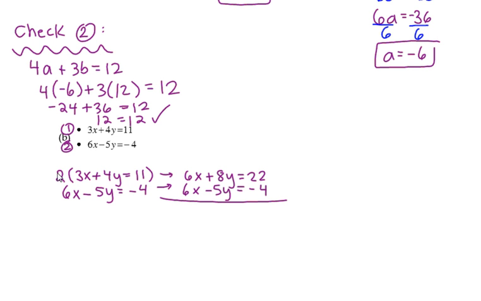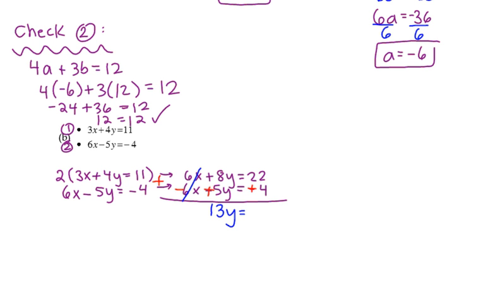Now in order to eliminate, if you want opposite signs, take one of your equations and just switch all the signs. So negative 6x plus 5y equals positive 4. Then add. Okay, we add when the signs are opposite. So you should have had, this would have been gone. 8 plus 5 would have been 13y, not 3y.